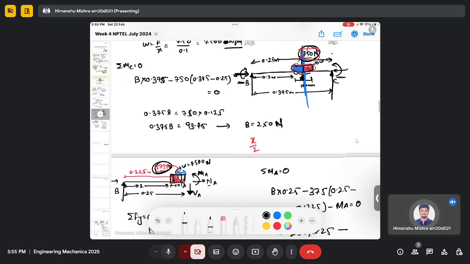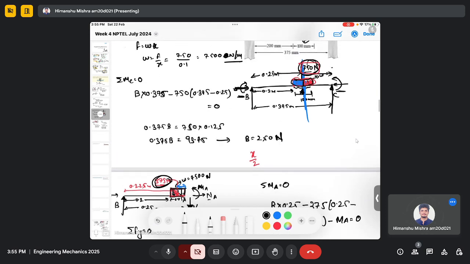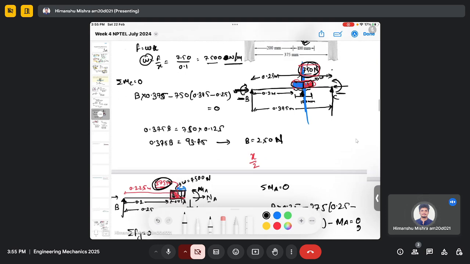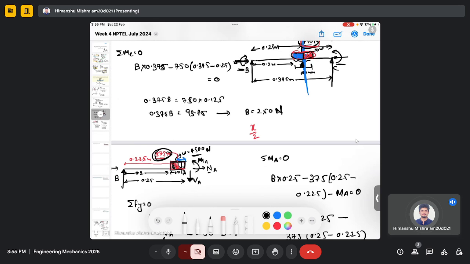But to find the moment we need this force per loading W, which we found 7500, because the 7500 will give us the modified equivalent point load, which depends on the distance over which the distributed force is acting.